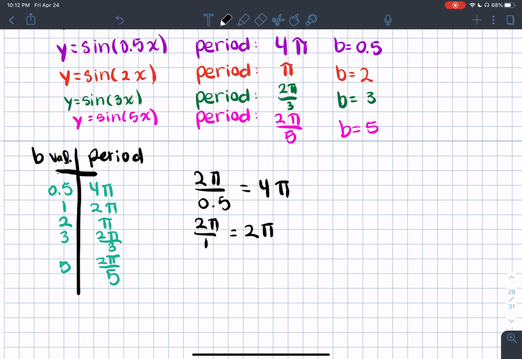That works out. For 2, 2 pi over 2 equals pi. 2 pi over 3, well, that's already 2 pi over 3, and 2 pi over 5. That seems to be working out. How can you write this as a rule using the letter B? Pause the video now to write down your rule using the letter B.